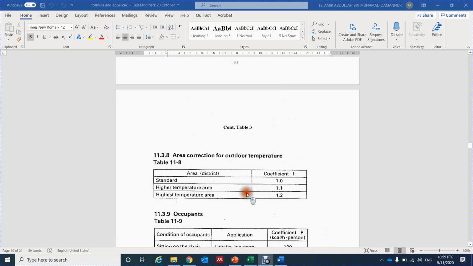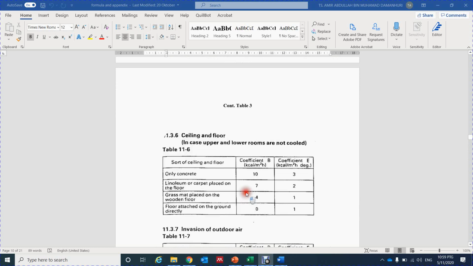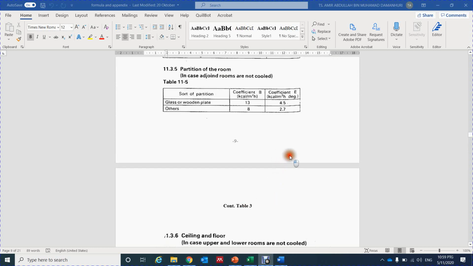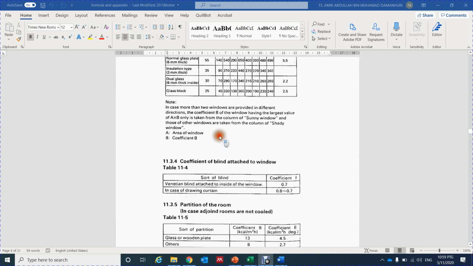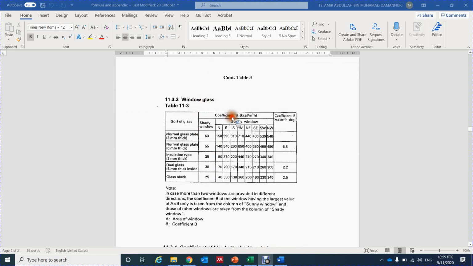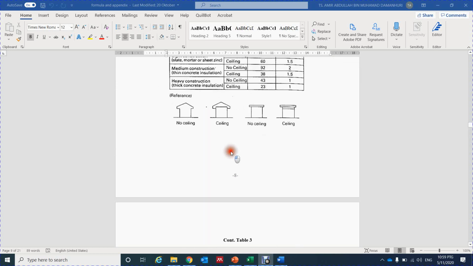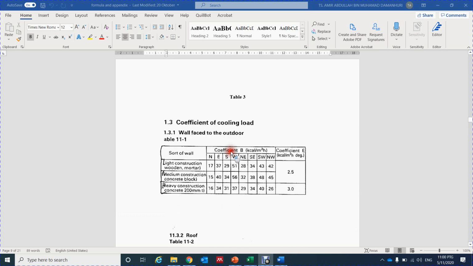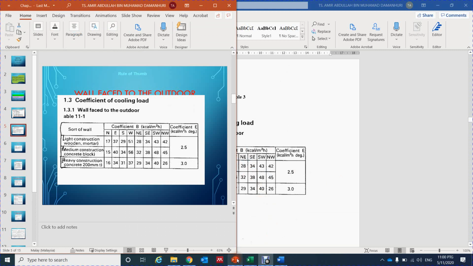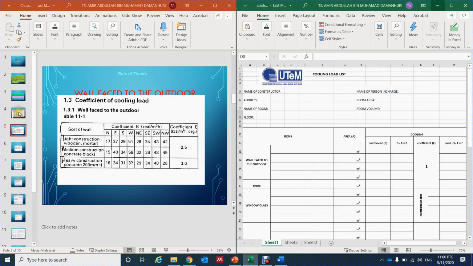Pages 9, 10, and 11 will be used in this lecture. I've converted the values of these tables into Microsoft PowerPoint, which I will use here. It is the same, and we are using this for our cooling load calculation.